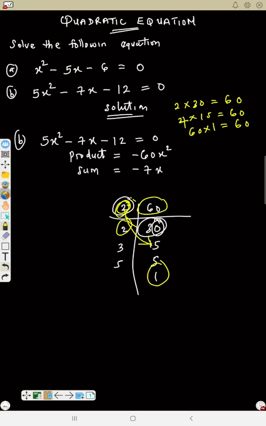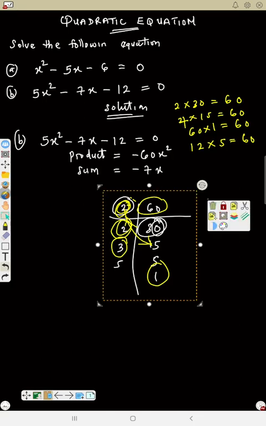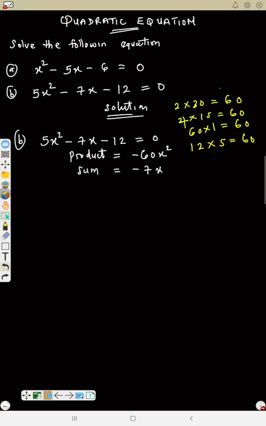Now, this is 2 times 2, 4. 4 times 3, 12. Then, 12 times 5 will also give us 60. Like that. So that means those are numbers that we can manipulate here to get 60.